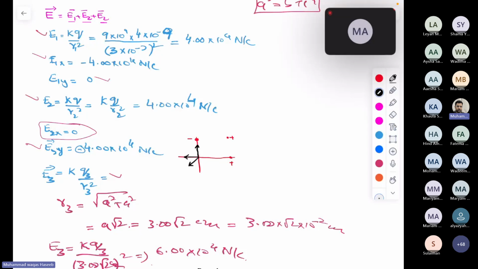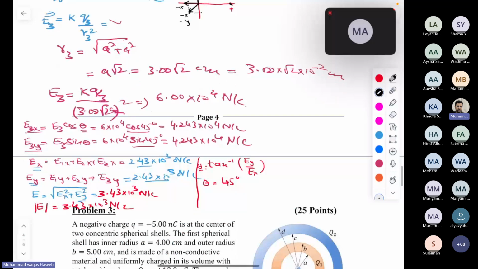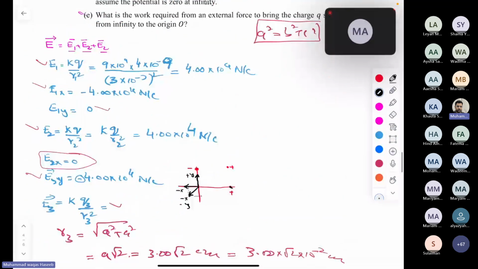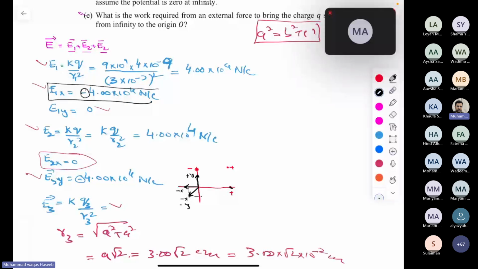Now, if you see this, this electric field has only a Y component. This charge, which is positive, has an electric field in this direction, which is negative X. And in this diagram, the third charge's electric field has two components, along X and along Y, both negative: negative X, negative Y. So you have to count the signs. Over here the magnitude is one thing, but over here it is a direction.